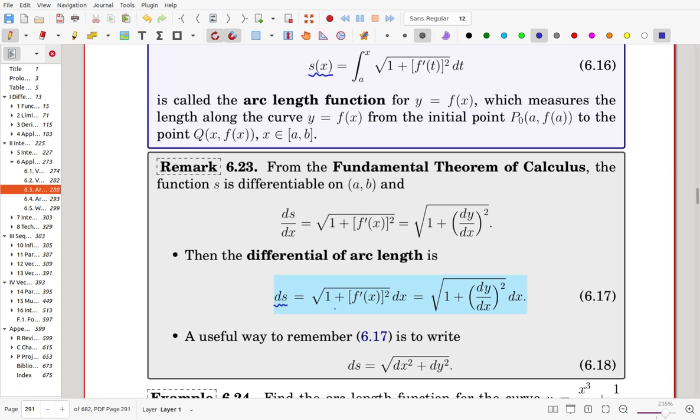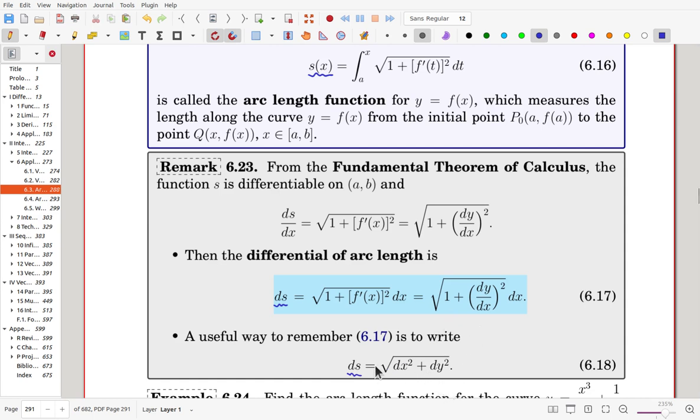ds is the square root of 1 plus f prime squared dx, or f prime can be written as dy over dx. Then dx can go inside, and you can write ds is the same as the square root of dx squared plus dy squared.